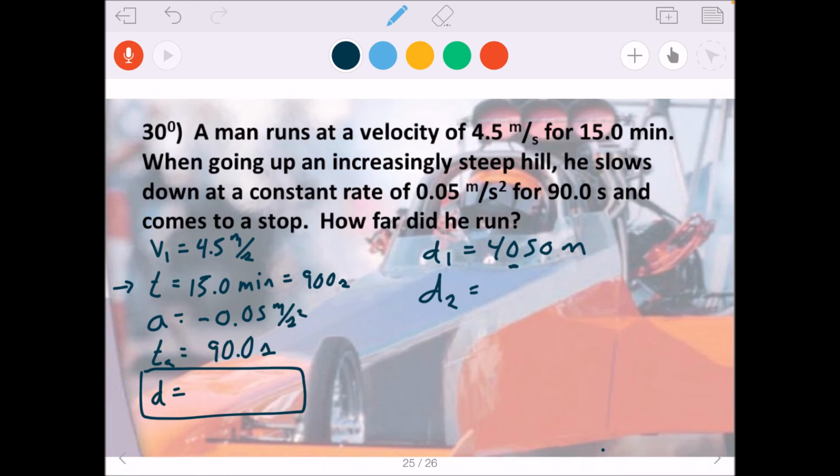The initial velocity that he was running was 4.5 meters per second times the time. In this case, the time is going to be 90 seconds, plus 1/2 the acceleration, which is negative 0.05 meters per second squared, times the time squared, which again is the 90 seconds.